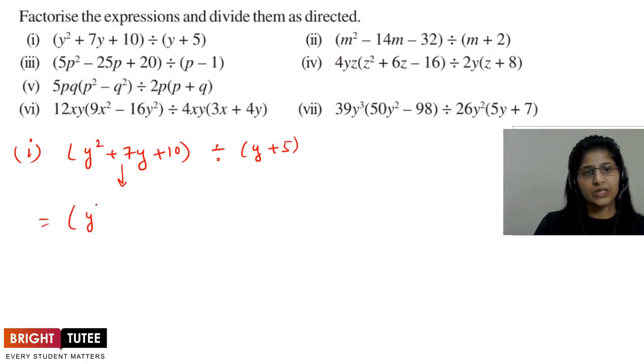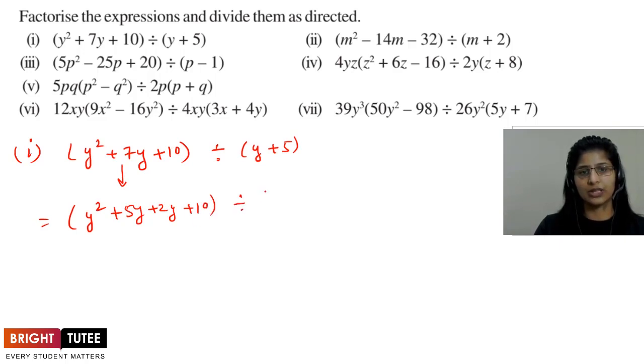So we have y square. Now we need two numbers whose sum should be 7 and whose product should be 10. So 5 and 2 make 10. So I'll write y square plus 5y plus 2y plus 10, right?